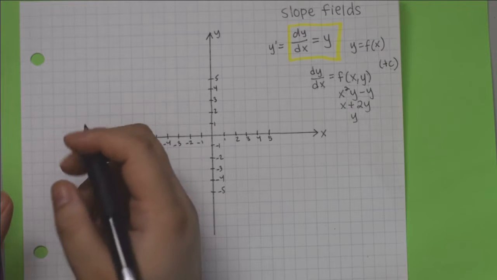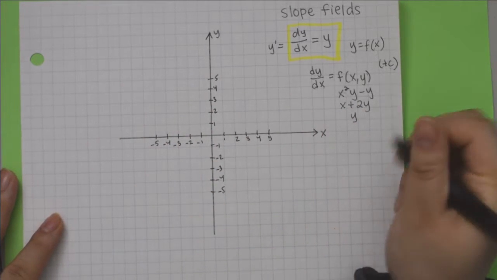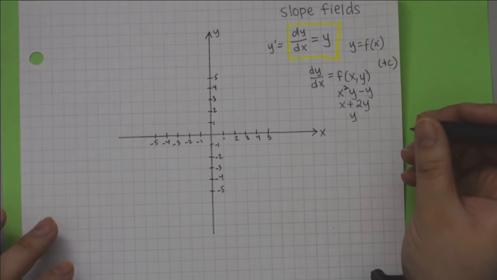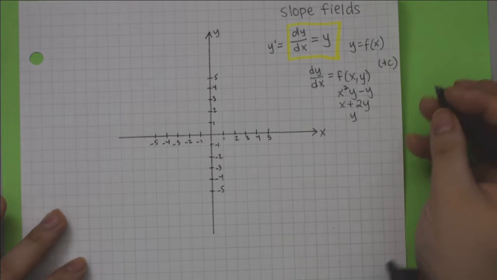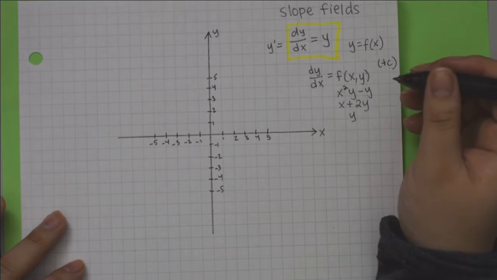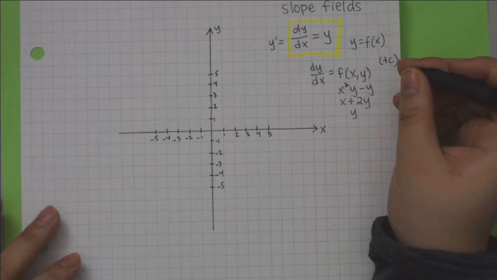That's kind of cool, it gives us some sort of visualization about what's going on. But regardless of whether or not we can solve it directly, it's still just kind of cool to visualize functions and derivatives in this way.